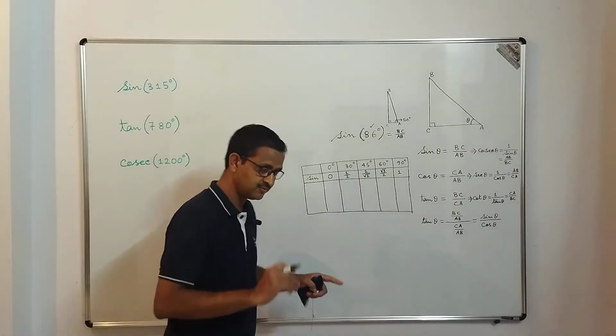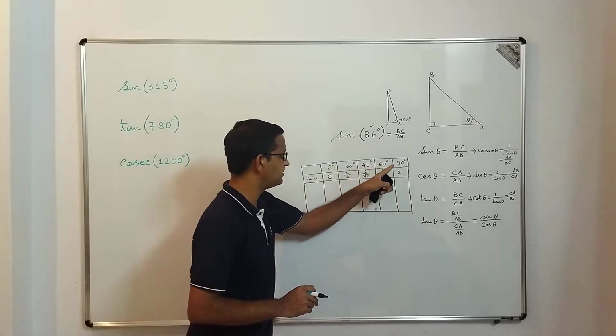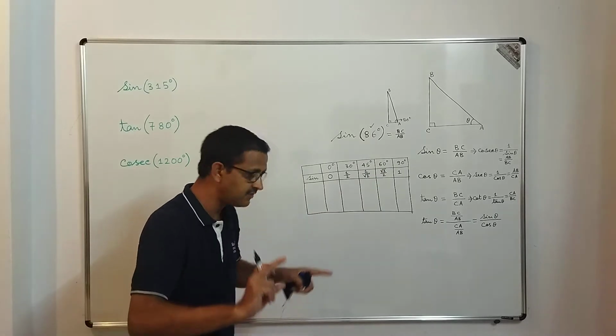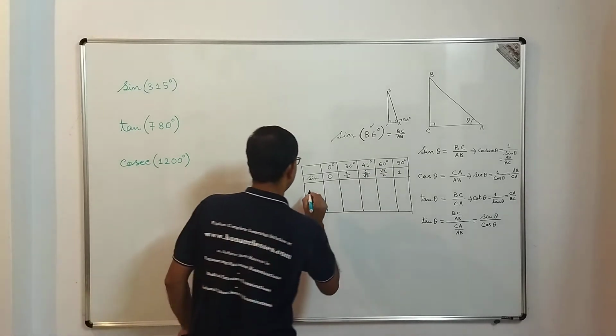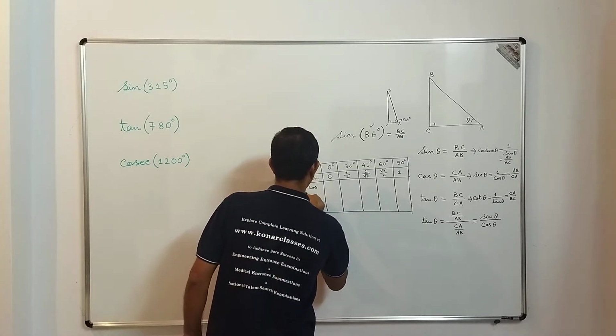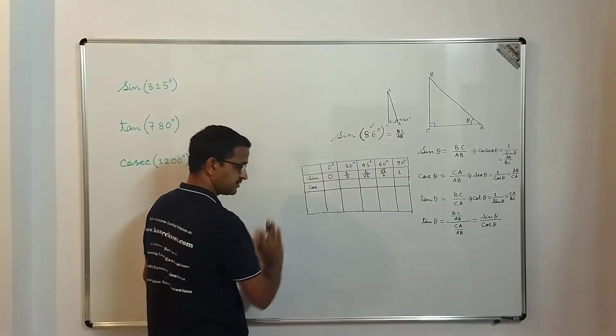I repeat once more: for the angles 0 degree, 30 degree, 45 degree, 60 degree and 90 degree, you just need to remember the values for one ratio, that is sine. So how can you find them for cos? Very easy. Dear students, for cos we will just reverse this order.